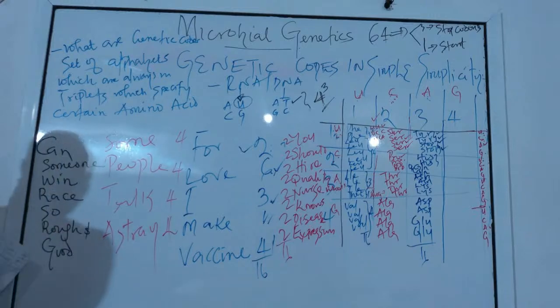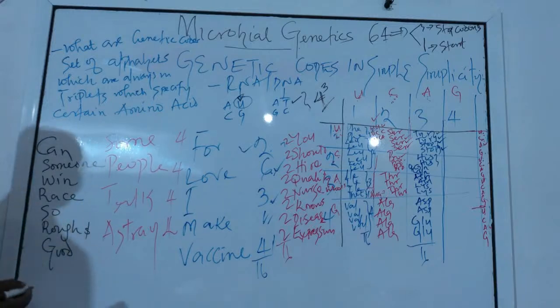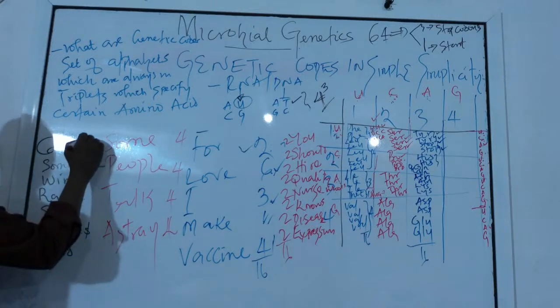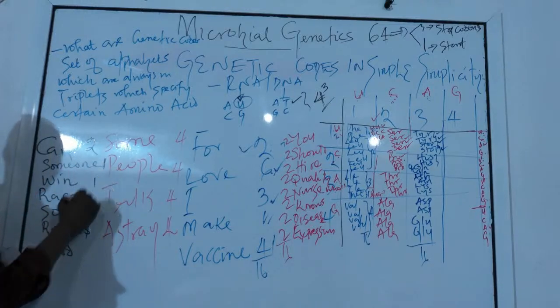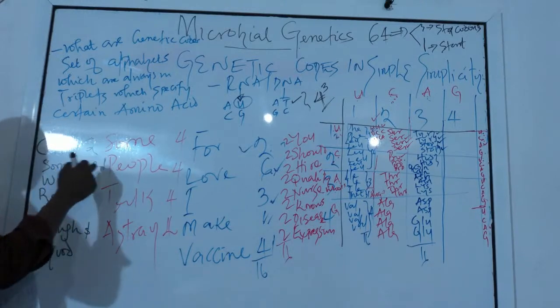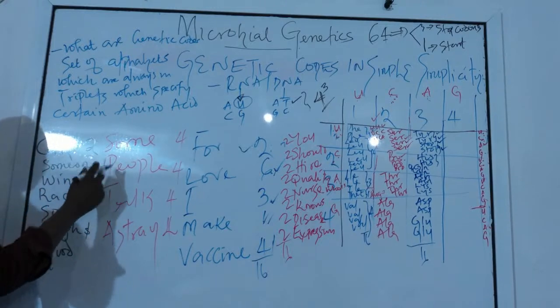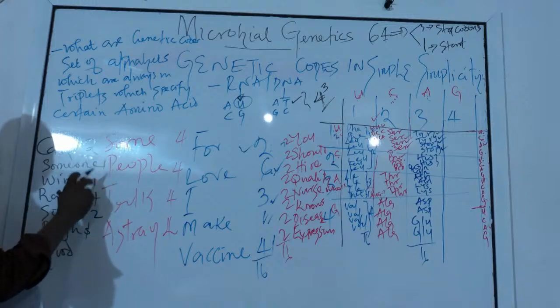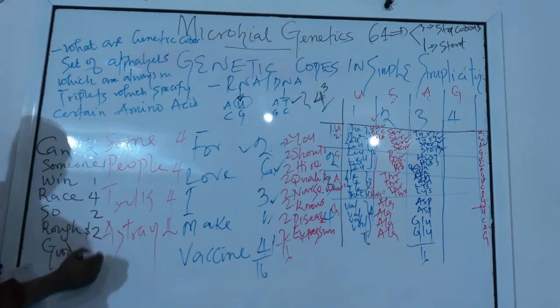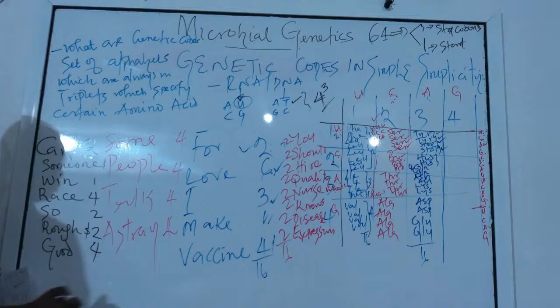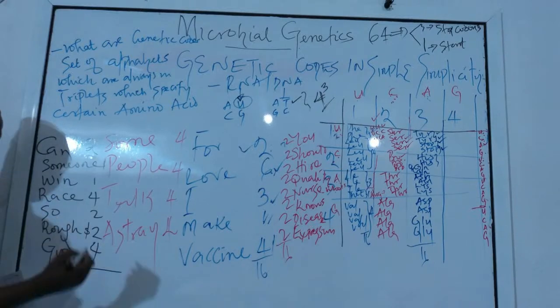Can someone win race so rough and good? And when you combine this, it's going to be 2, 1, 1, 2, 1, 1. So when you multiply this by 2, you are going to get 4. This one by 2, you are going to get 2. This one by 2, you are going to get 2. So the last one will be 4. So that's going to give you 16.